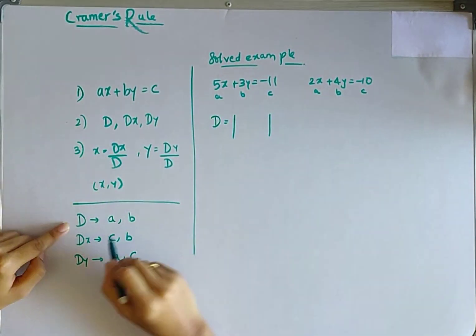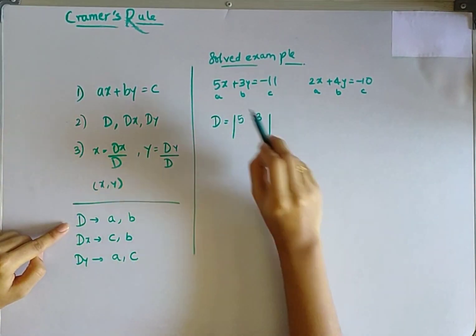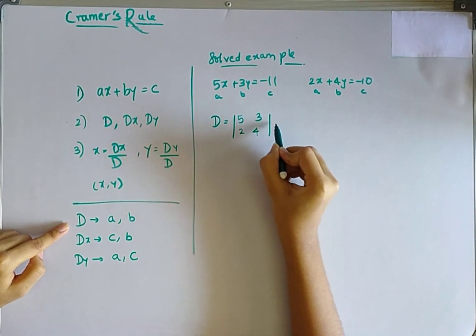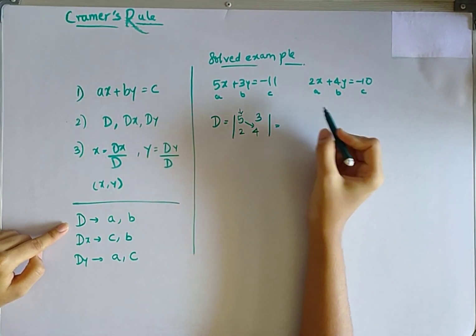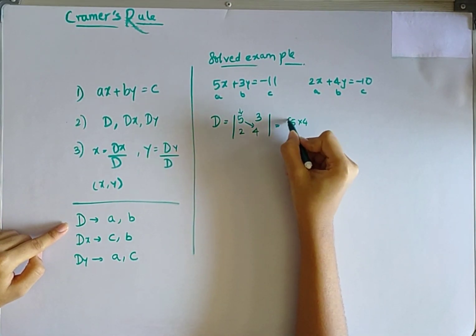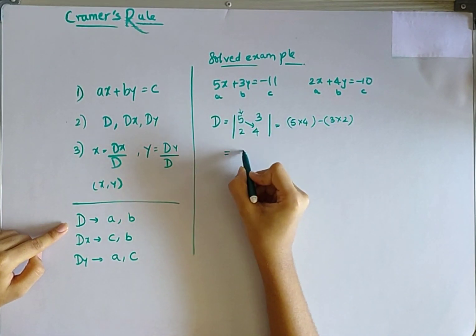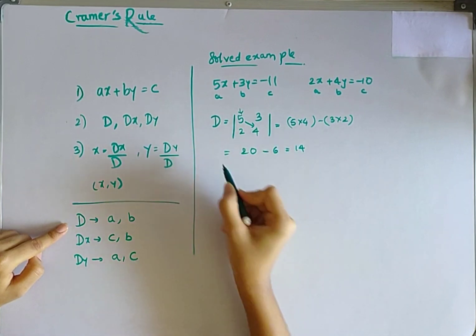Your d should be a and b, so that is 5 and 3. And for the second equation, what is your a and b? 2 and 4. So let's solve this. Start with this column and then this diagonal. So 5 into 4 minus 3 into 2. What will it lead to? 20 minus 6. That is 14.